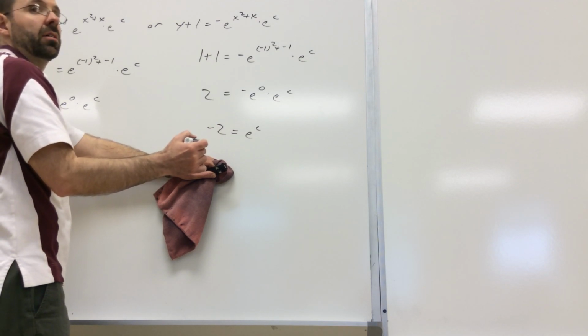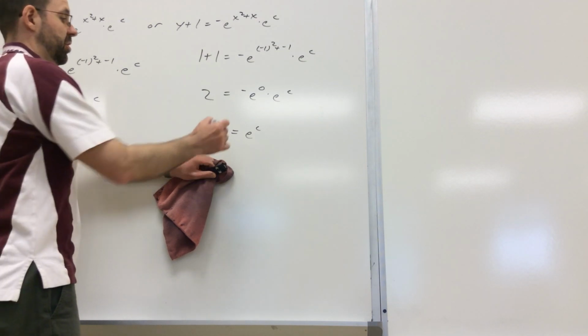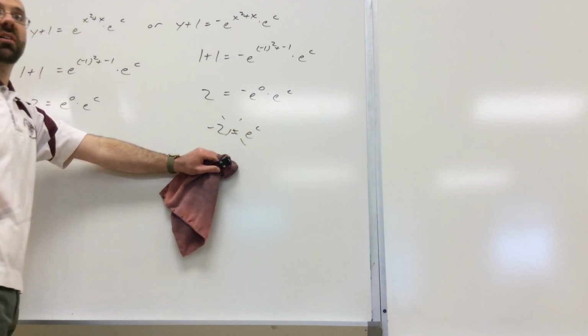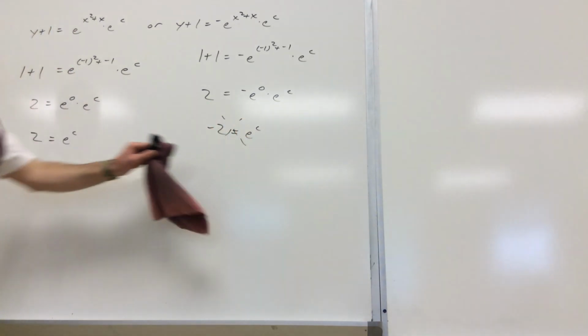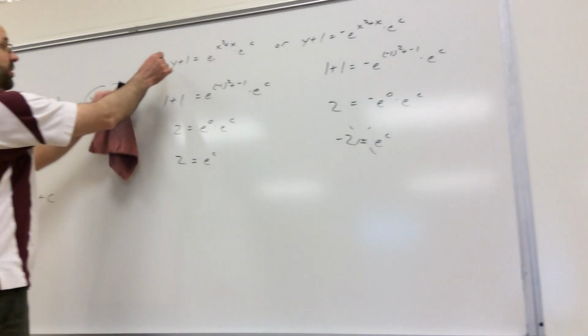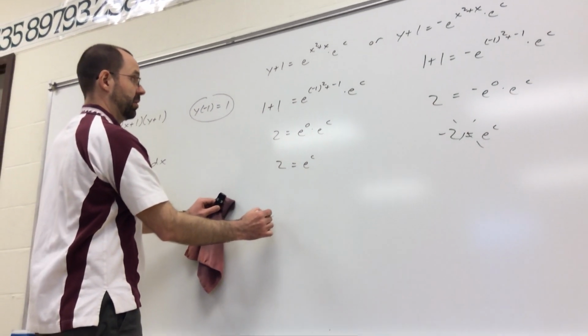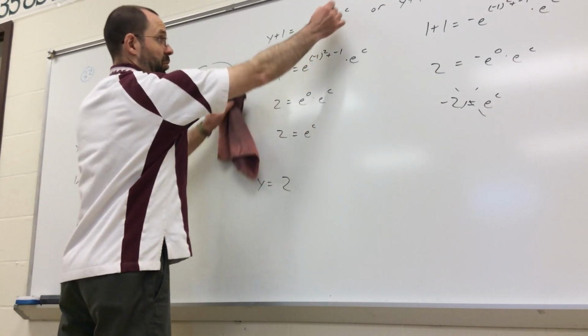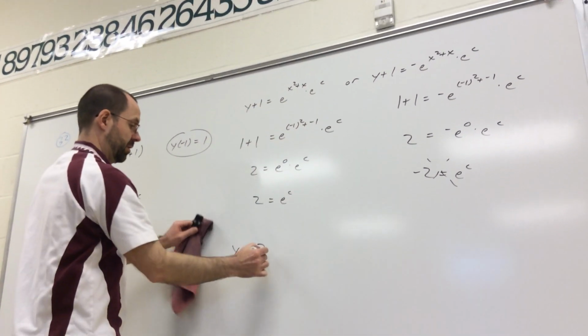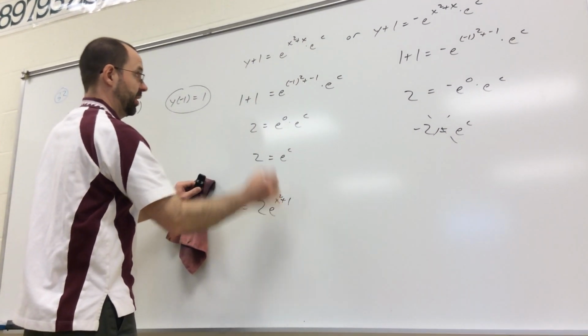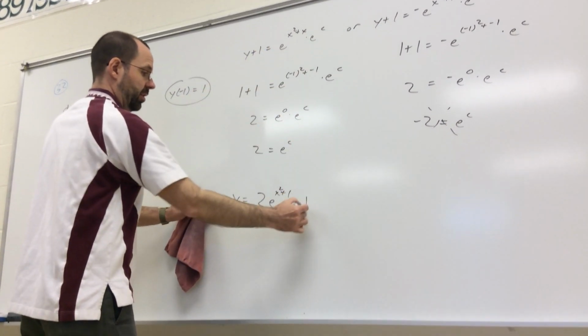So then that doesn't work out so good because e to a power can't be negative. So that means the final answer is 2 e to the x squared plus x, and then I'm subtracting the 1 over, so minus 1.